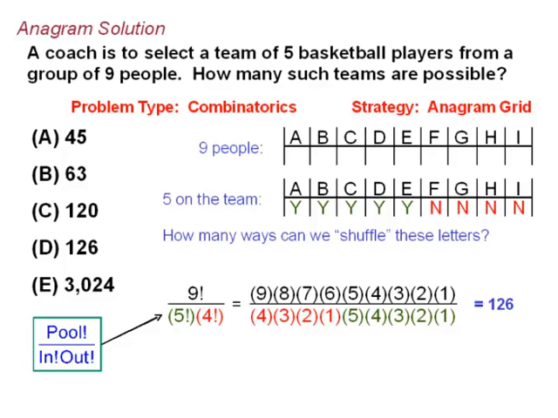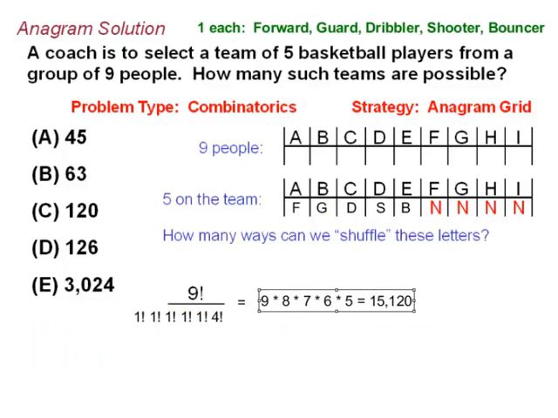And so every letter that you have will yield a factorial in the denominator, and the number that goes with that factorial is how many of that letter you have. So there's 5 Y's and 4 N's. There we go. Just another way to get there.